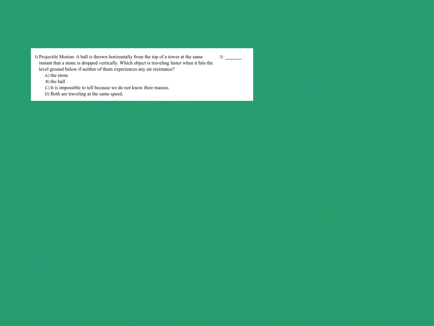A ball is thrown horizontally from the top of a tower at the same instant that a stone is dropped vertically. So this is a tower, and the ball is thrown horizontally with a certain velocity, so it will do like this. There is another stone here that is dropped.